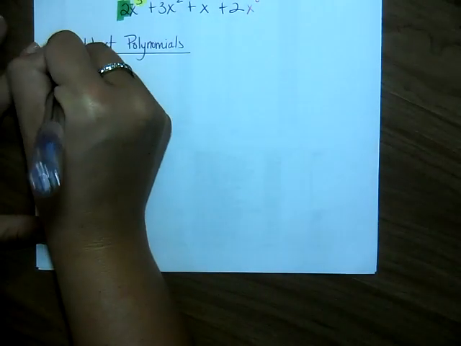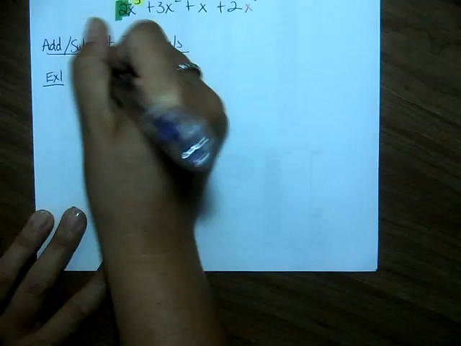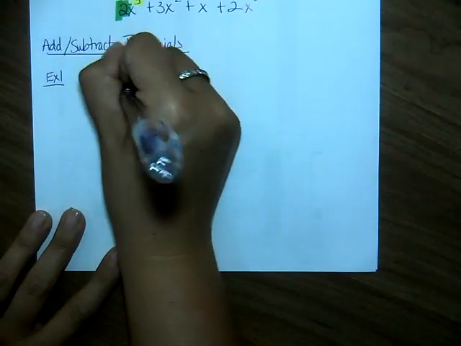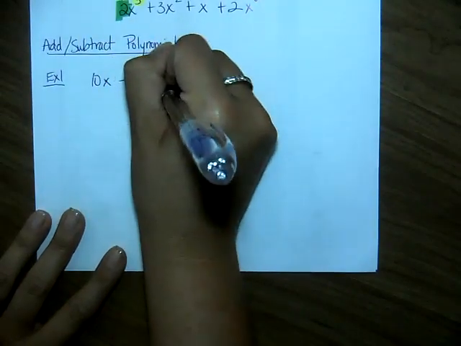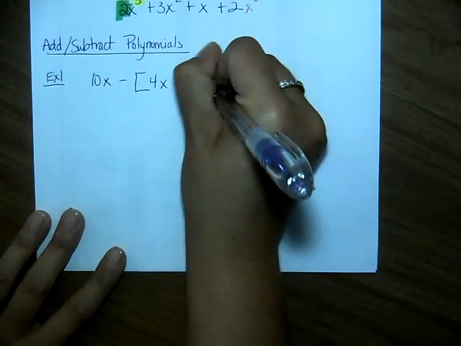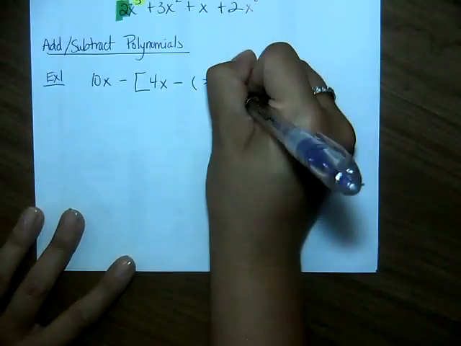Okay, so we'll call this example 1. 10x minus the quantity 4x minus the quantity 3x plus 8.